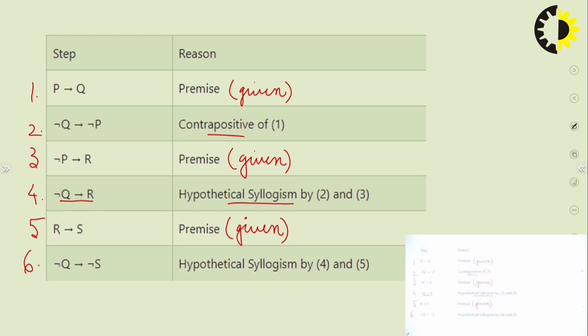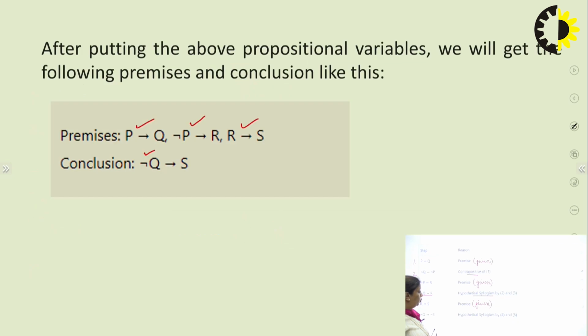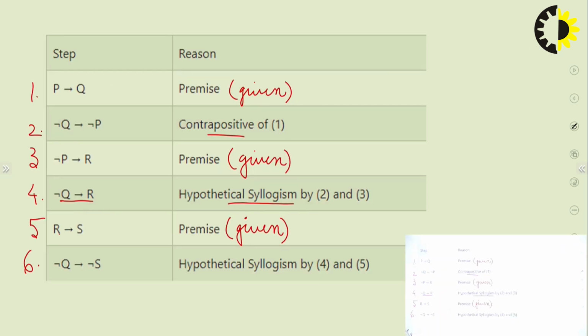So, this was my sixth step and this was what I needed to establish, that is not Q implies S. Finally, this was the conclusion which I wanted to establish, and I have been able to establish it by applying these steps.